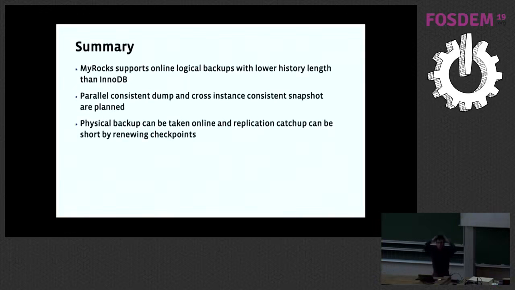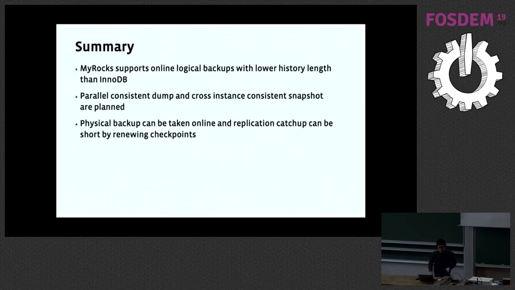These are the basics, a summary of how MyRocks and RocksDB handle online backup. MyRocks supports online logical backup with lower history list length compared to InnoDB, because MyRocks and RocksDB can compact all intermediate unnecessary modification histories. This means the history list length can be a lot smaller than InnoDB.